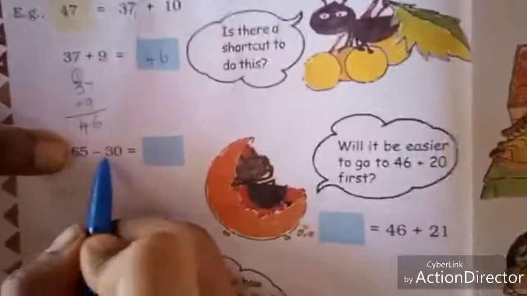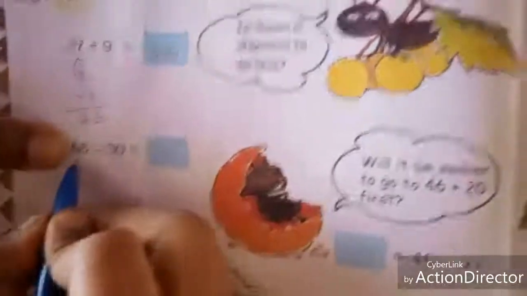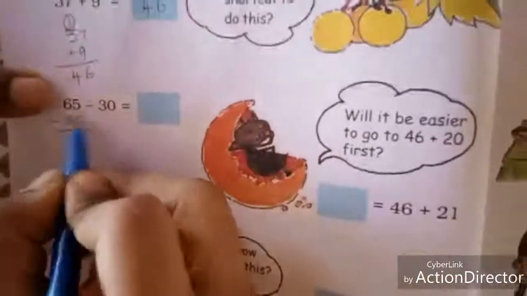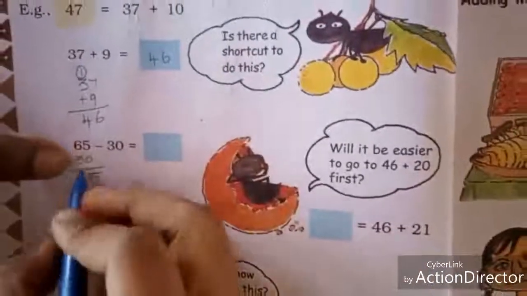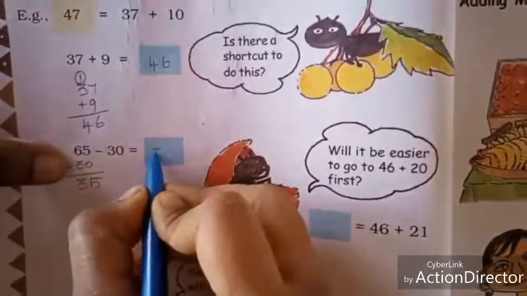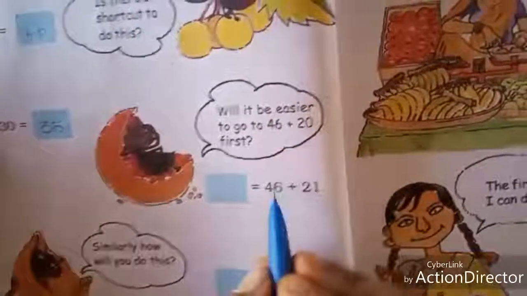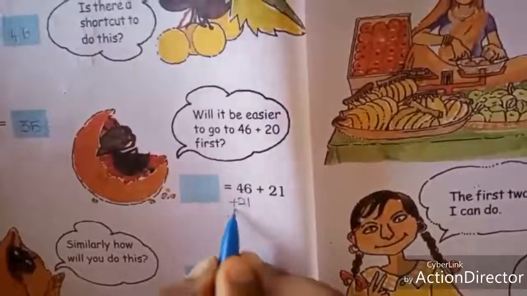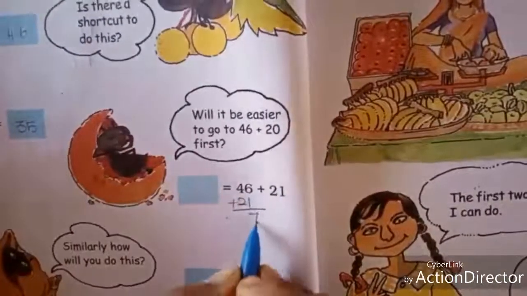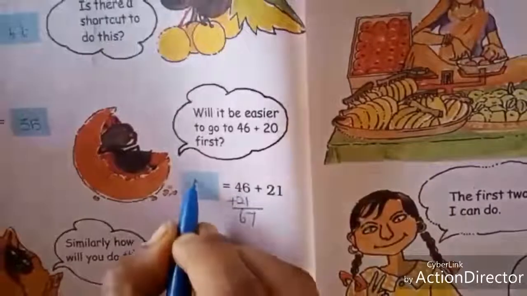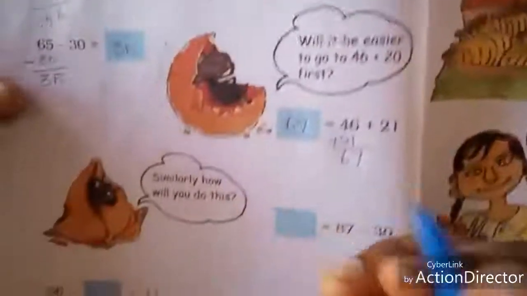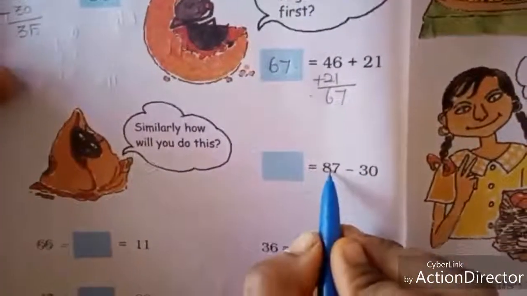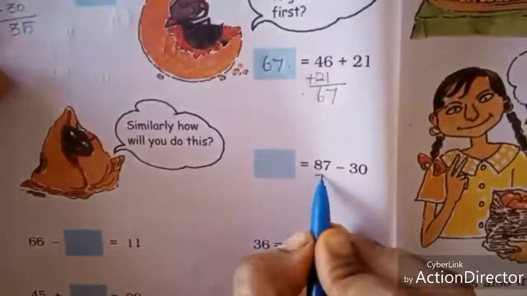Next 65 minus 30. 5 minus 0, the same number will come. 6 minus 3, 3. So what is the number? 35. Next, see 46 plus 21. We have to add 46 plus 21. 6 plus 1, 7. 4 plus 2, 6. So totally 67.